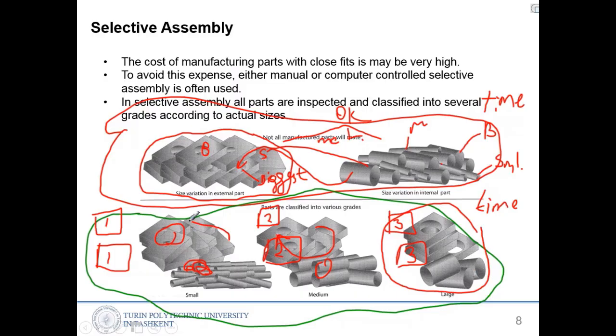For small parts, you have smaller tools to manufacture, to measure, and to carry. Also the skills of the manufacturer and engineers might differ, so different skills might be required. If you make a classification, you can reduce manufacturing cost.